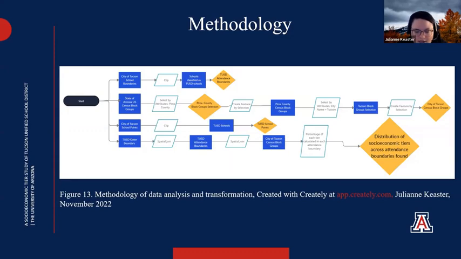Here is a more detailed model showing the methodology of how I transformed each of the geospatial data files for this study. I downloaded block groups from the US Census Bureau's data portal and reduced them to only include those within the TUSD boundaries.